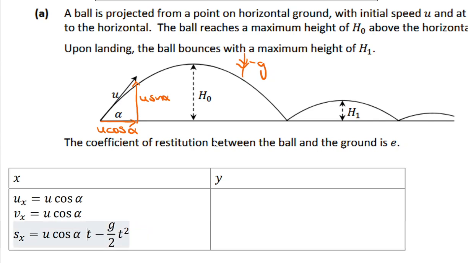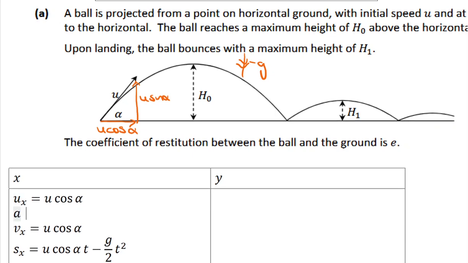So we have an expression for the velocity, and we have an expression for the distance traveled in the horizontal direction at any moment. That's all we need to do for that one. We could possibly write ax equals 0 just to be clear, but we're going to leave it at that for now.